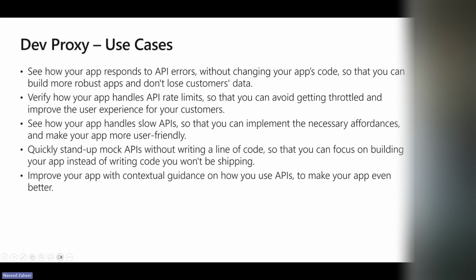Let's say that there is an app team that is writing an application that is going to be based on APIs, and the other team is building the APIs. The API team can use this on their desktops.